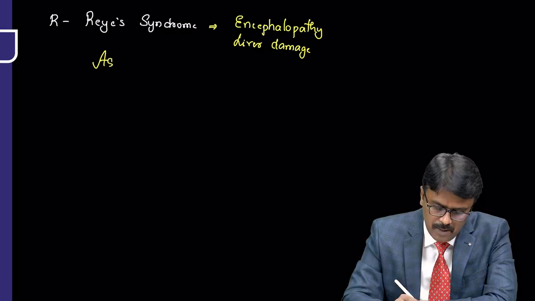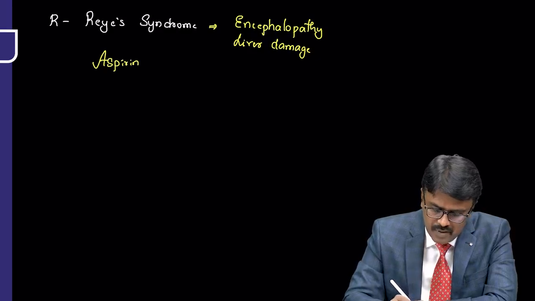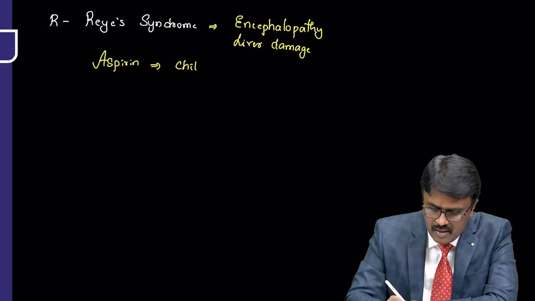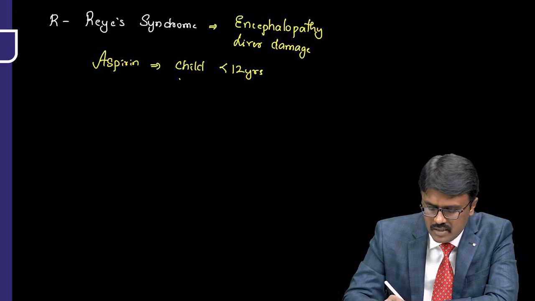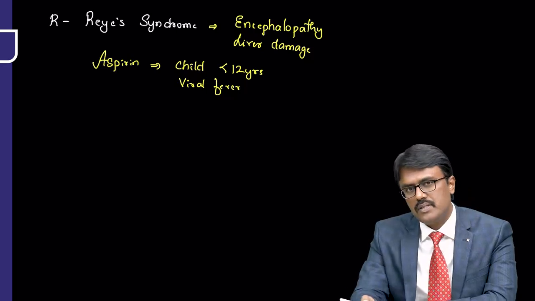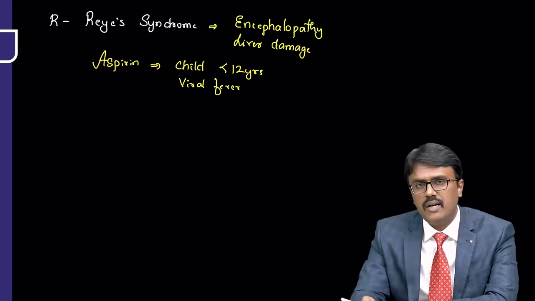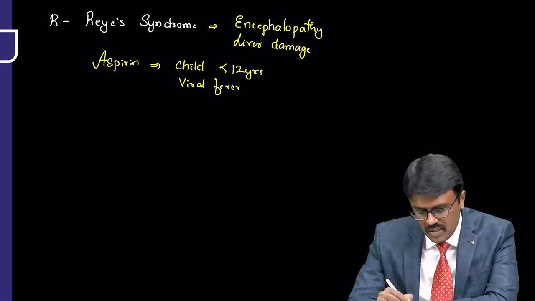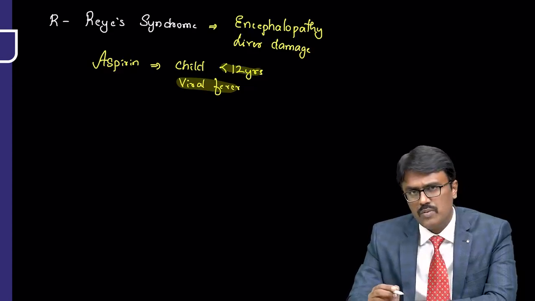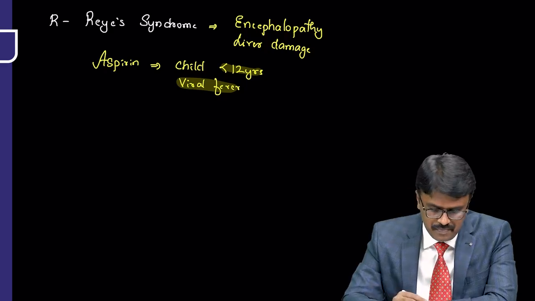Suppose we give aspirin to a child less than 12 years, and the child has viral fever. If you give aspirin, this is what happens. So don't give aspirin to a child with fever unless you have ruled out viral fever. Child less than 12 years with viral fever, if you give aspirin, it has been shown to produce Reye's syndrome.